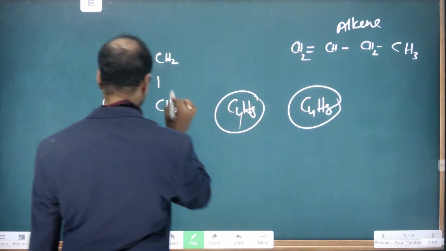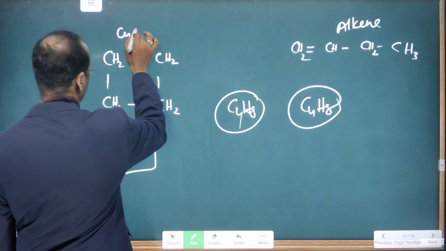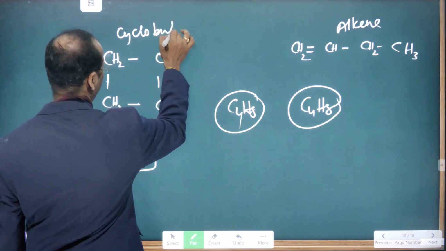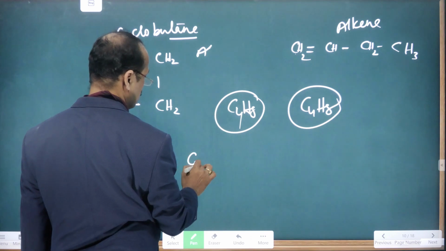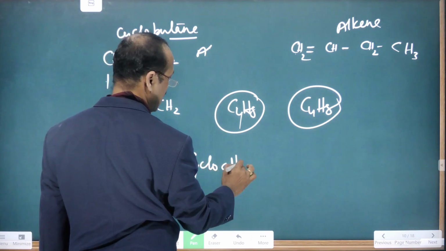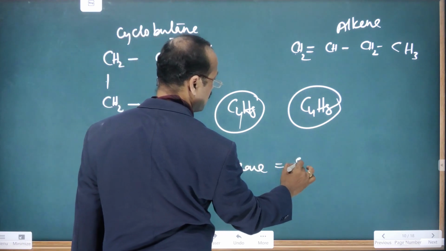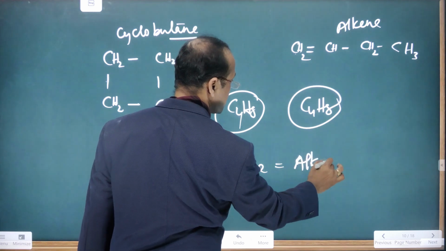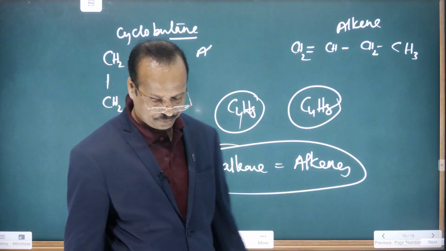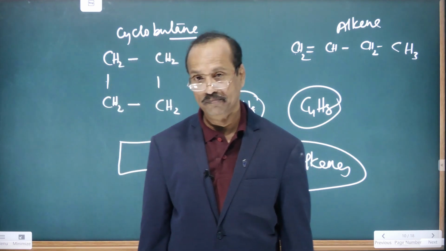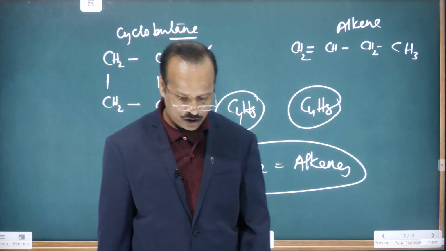Okay, here all single bonds are there. What is it called? Cyclobutane. So ane means what? Alkane. So the cycloalkane formula is similar to the alkenes, right? So the fourth question option is 2.